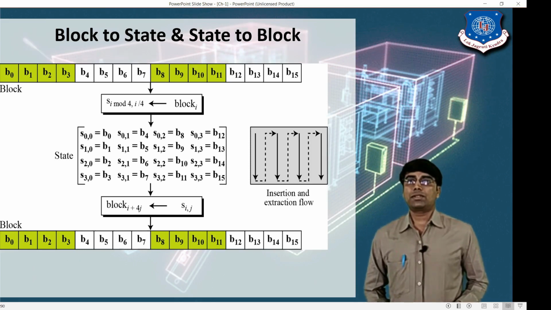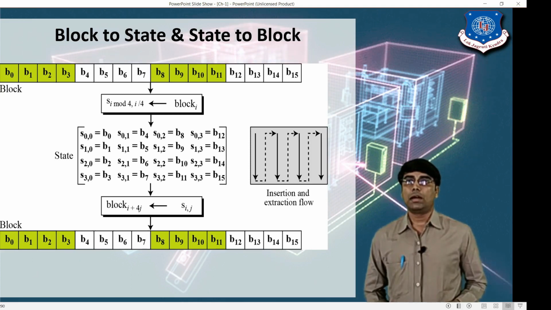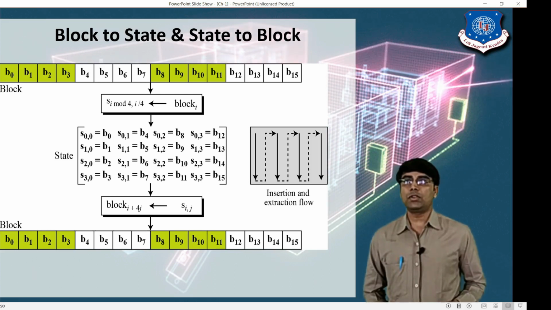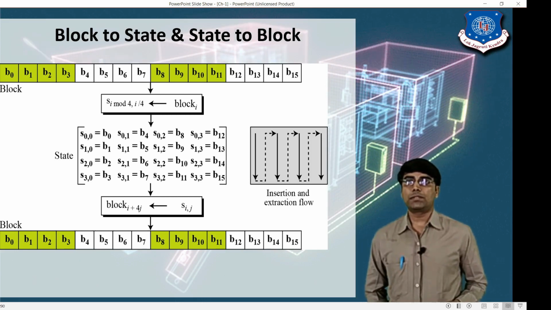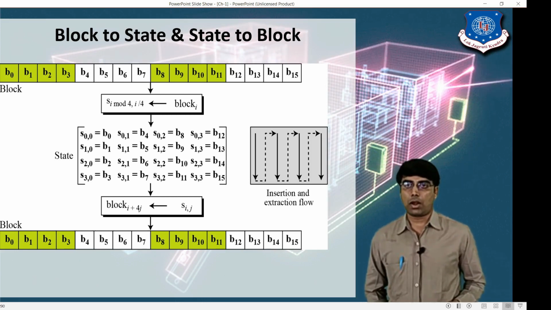Now, how to represent this state? Here you are given a row of blocks. Take the first block B0, B1, B2, B3 and represent it in the state. This block is stored in a column like B0, B1, B2, B3.